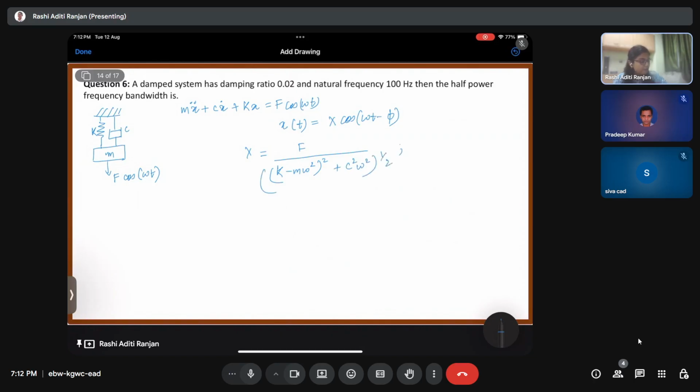And then we have φ as tan inverse of cω by (k − mω²). This equation you are going to get in any of the vibration books, S.S. Rao or anything.